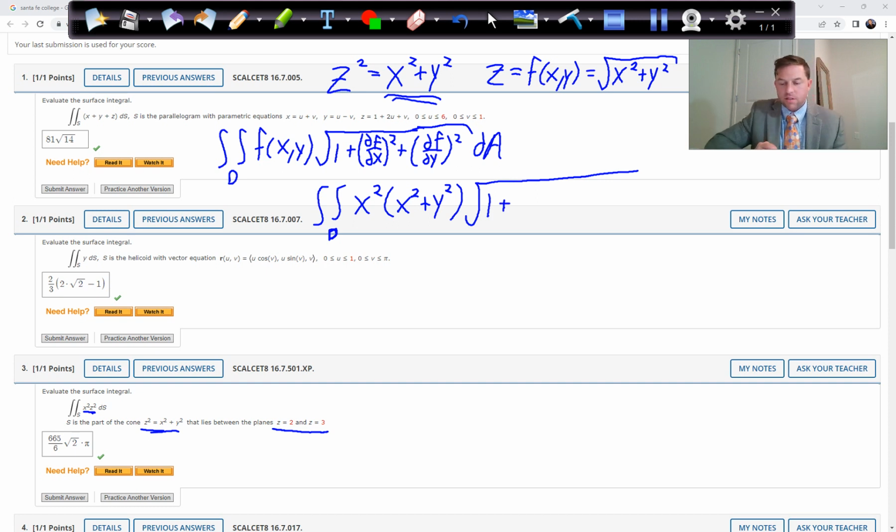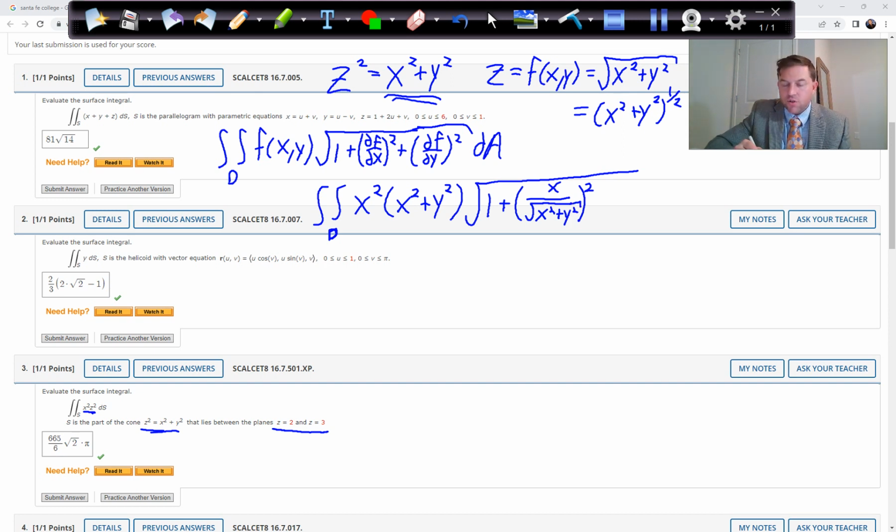Now this is quite involved. I'm going to kind of jump to the answer. It's going to be x over the square root of x squared plus y squared, squared. If you write this as x squared plus y squared to the 1/2 power, the derivative of that, you bring the 1/2 down, subtract 1, so it becomes minus 1/2, which puts this whole bubble in the denominator with the square root symbol on it.